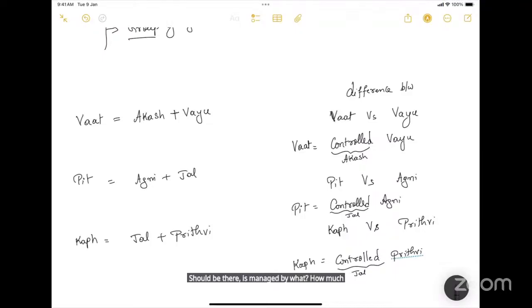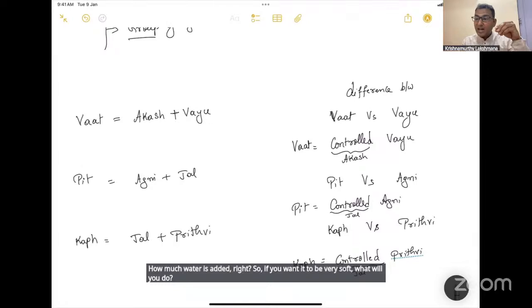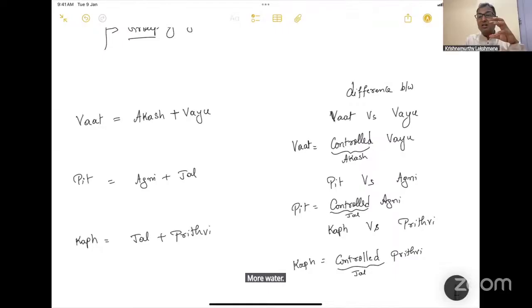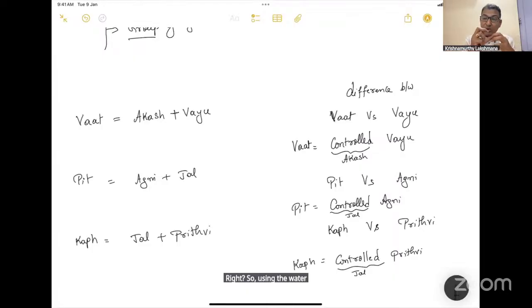How much water. How much water is added, right? If you want it to be very soft, what will you do? You will add more water. If you want it to be hard and drier, you will add less water. So using the water, I am controlling the consistency of the dough. Yes? No?